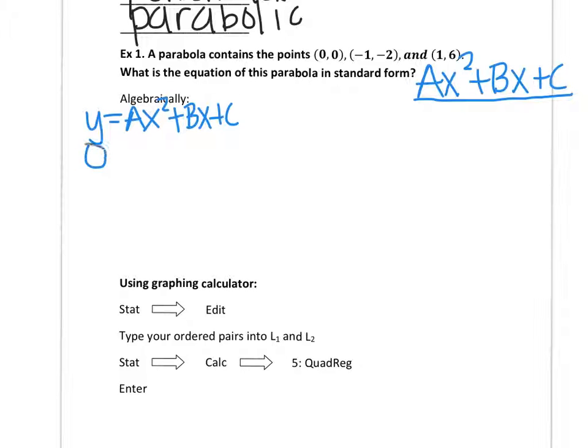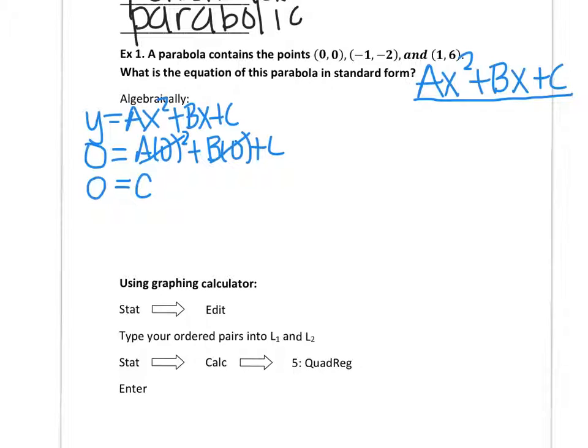So 0 is the value for y, and 0 is the value for x. Notice now what's going to happen? That 0 on the a is going to cancel that term out, and that 0 on the b is going to cancel that term out. So all we're left with is c equals 0. So I know in my equation, I'm going to have a 0 for c.